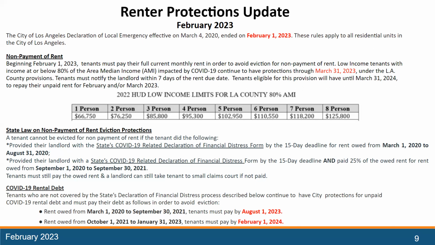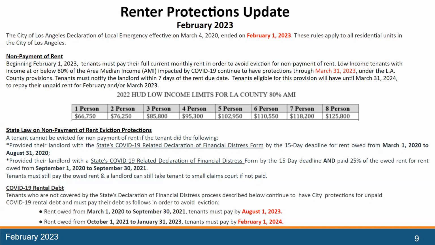The requirement there to avail yourself of this protection against eviction proceedings was to provide a timely declaration of financial distress to the landlord, within the 15-day deadline, and, the two-prong, the tenant had to have paid 25% of the rent owed for this time period by September 30th, 2021.